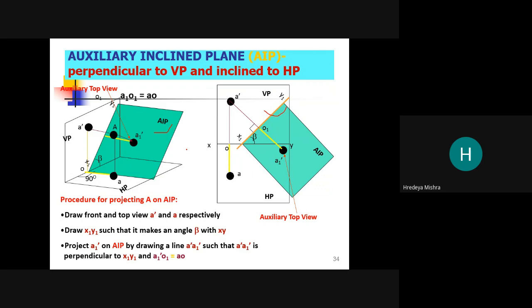Draw the front and top views A dash and A respectively. This is our front view and this is our top view A. Draw x1, y1. Now we can draw A dash 1 on the auxiliary plane, which is perpendicular to x1, y1.